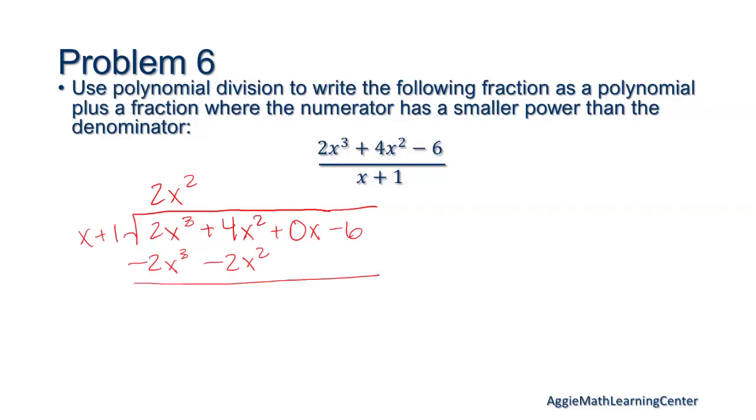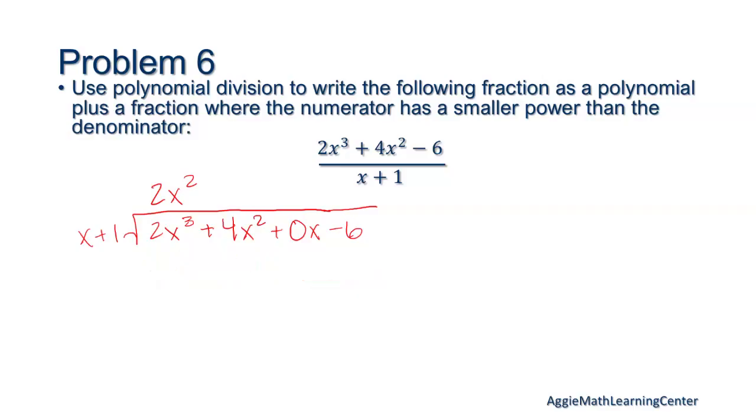Can you re-explain the first column? Because you have 2x squared, and then what did you do to get negative 2x cubed? Okay, I'm going to go ahead and erase this and we can go back through it together.